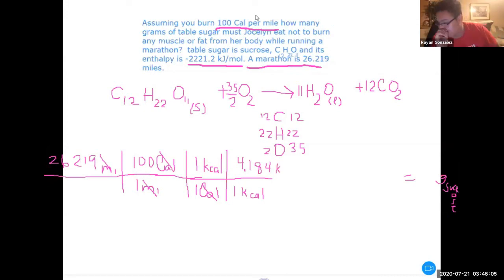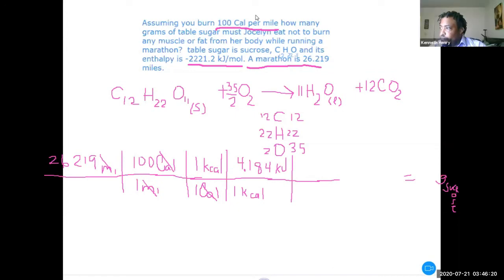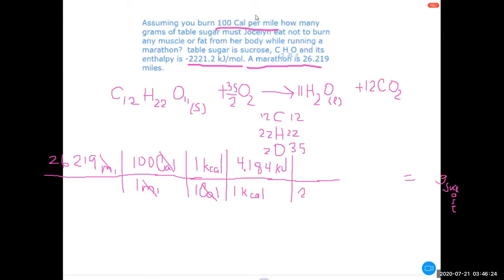Kilojoules. And are you going to go to the heat one now? Right there? Okay. The enthalpy? Yeah, so on the bottom, would you put the 2221.2 kilojoules per mole? Okay. And then on top, do we put 1 mole? Do you want to cancel the kilojoules in the bottom?